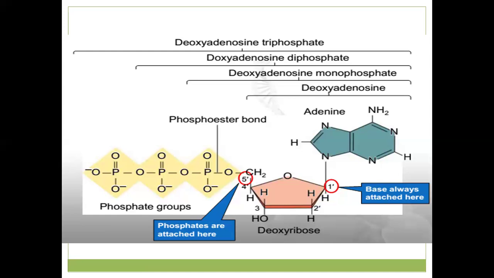Usually it is attached to the 5' of the ribose sugar. So let's assume that the nucleotide is adenosine monophosphate. You have adenine, you have a ribose sugar, and you have the phosphate group attached to the 5' carbon. Is that clear? Yes, sir.